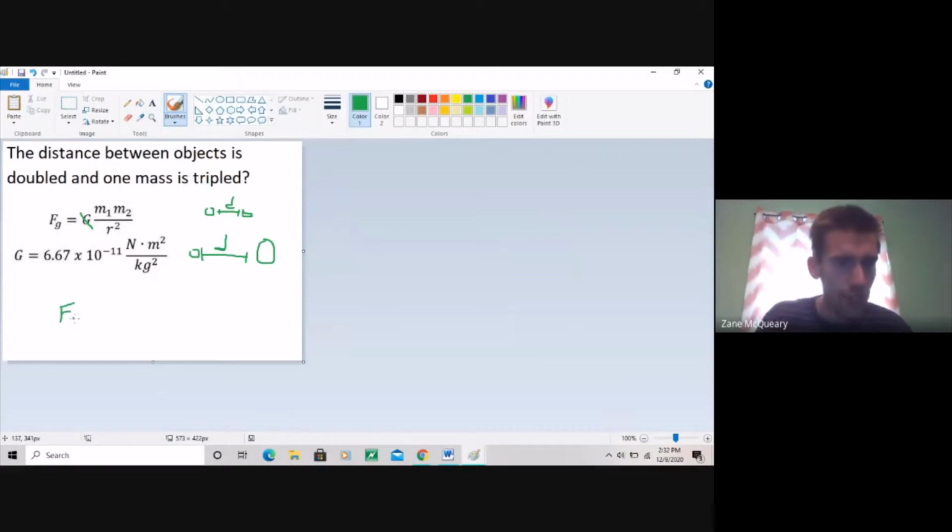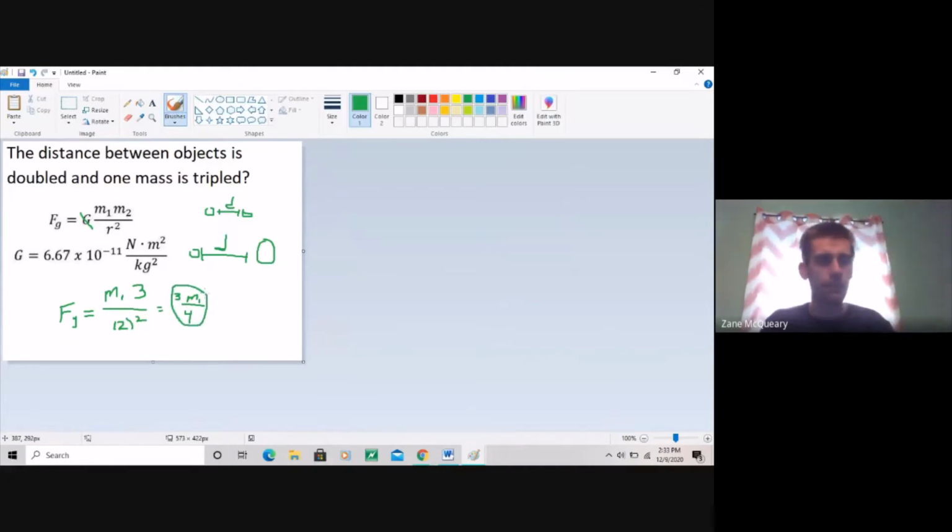If G is going to equal, well, mass 1, we didn't bother to change. Mass 2 did change. It's been tripled now. And the radius has been doubled. Okay, so if we simplify this, we get 3 over 4. So it is 3/4 of the original strength.